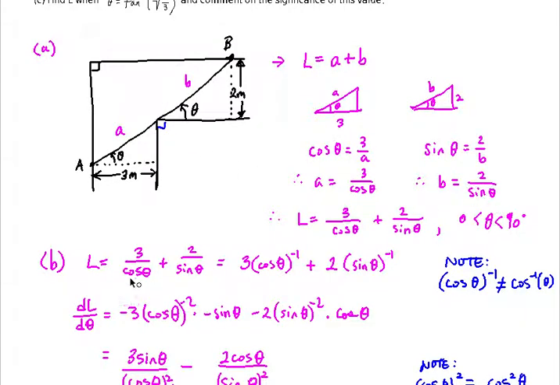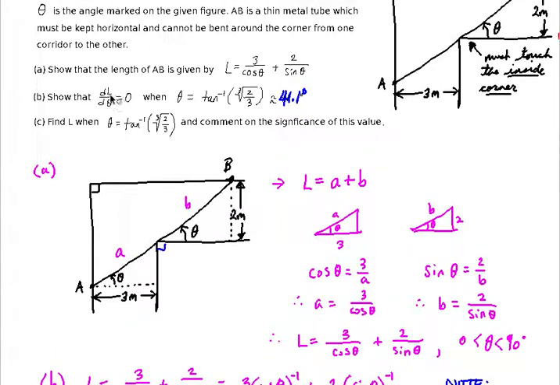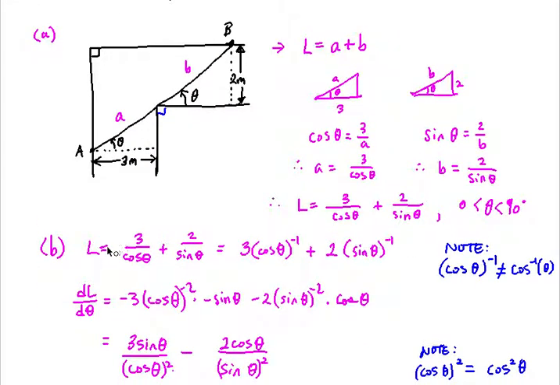So now we have to find the derivative of L with respect to theta, and that shouldn't be too hard. Since we know L looks like this, if I can write it in a form where we can differentiate it, then we're okay. So let's bring the cosine of theta and sine of theta up to the top.